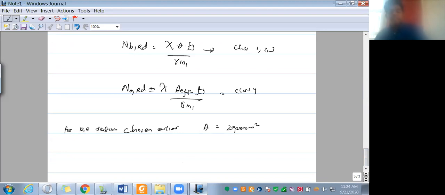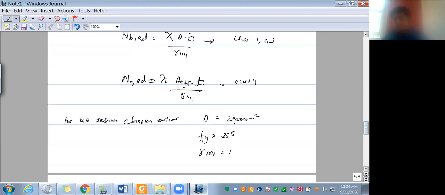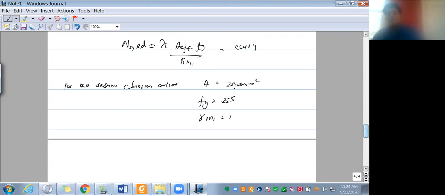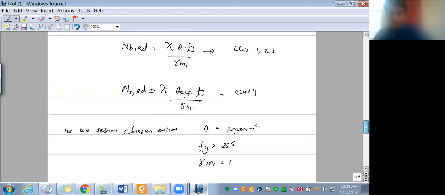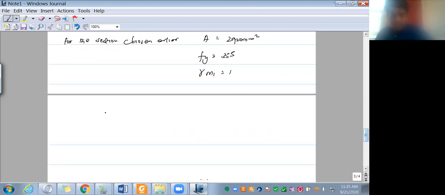Then A is there, Fy is 355, gamma M1 is 1. So we need to have the chi value. NBRD greater than NED. So NED is 1000.